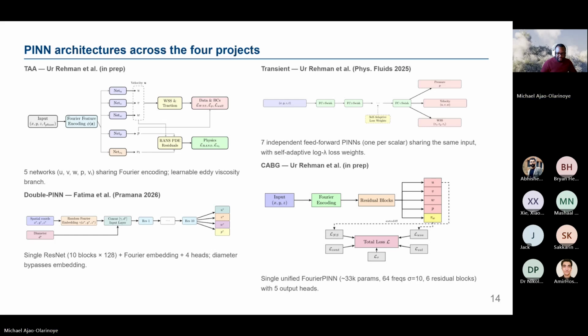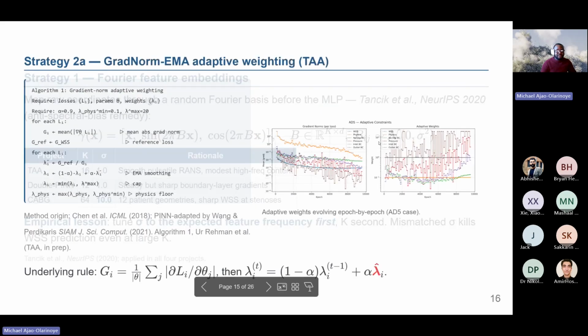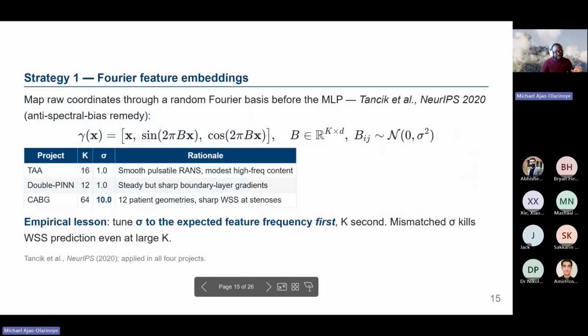For the Fourier feature embedding, what we do is map the raw coordinates randomly to feature embeddings before we pass them into the neural network structure that we currently have.